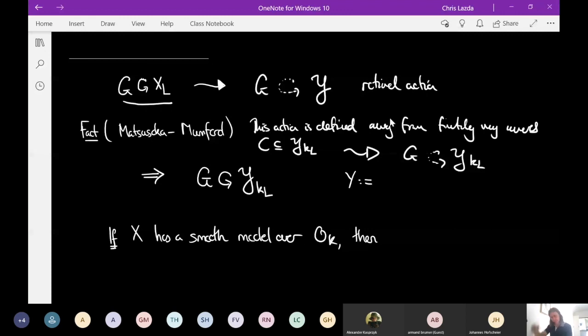So after I've restricted it to the special fiber, I really do get an honest regular action. And if I have an honest regular action, I can take the quotient. And then this thing here is going to be a K3 surface over the residue field little k.